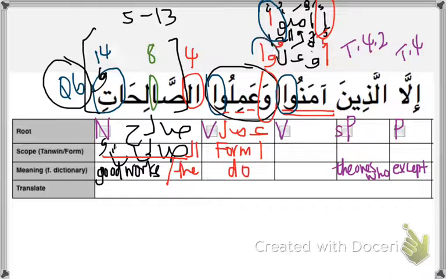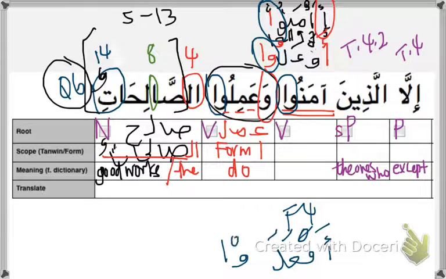So how would you do this? This is a bit tricky because you need to look at the verb forms, and I'm not going to show them here because I don't have the online copy on this whiteboard. When you go to your verb forms, you would look at form number 4. Form number 4 will be written like this: af'ala. And when you have a waw alif at the back, you can see that there's a dhamma before the waw.